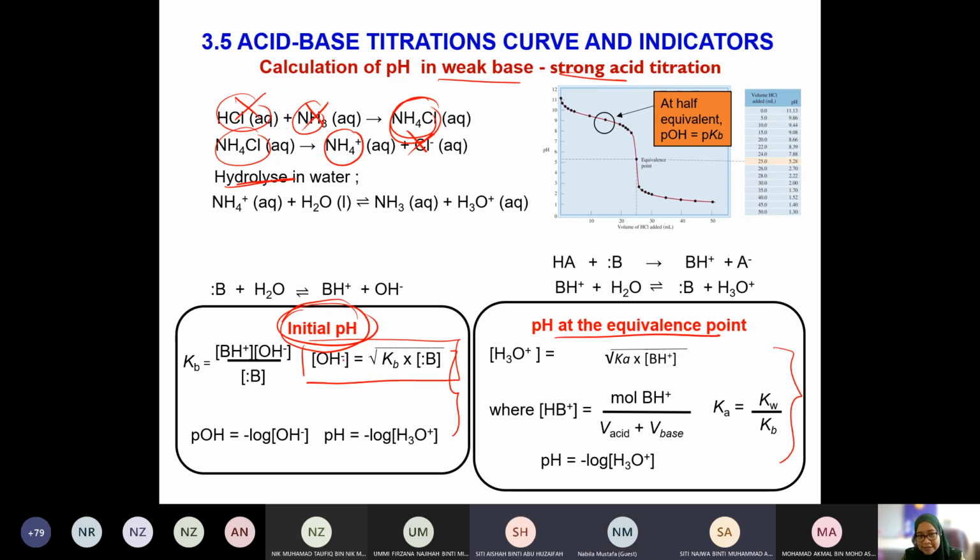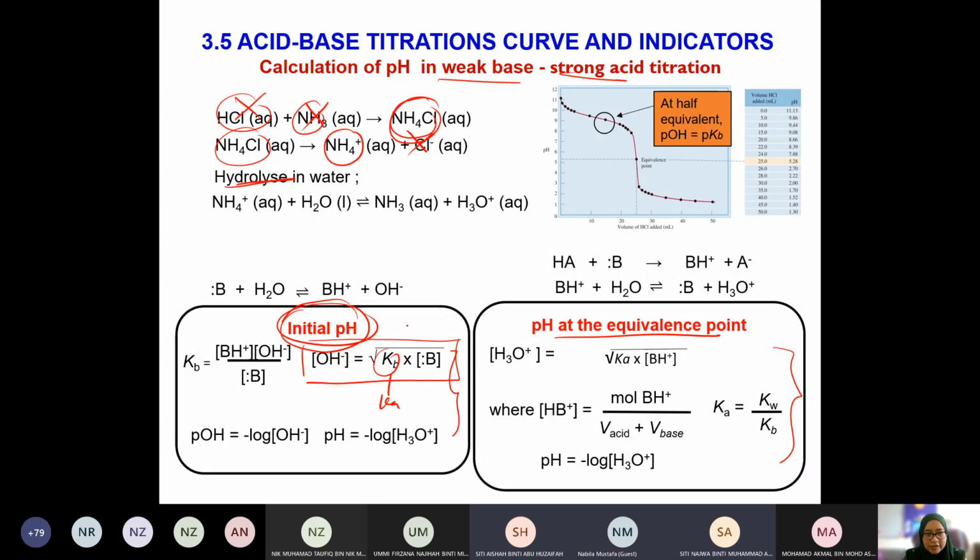If you have a weak acid, that means this one is no longer OH minus. This one should be H3O plus, this one should be Ka, this one should be acid. Then everything will be automatic, you automatically know the next step you should be doing.